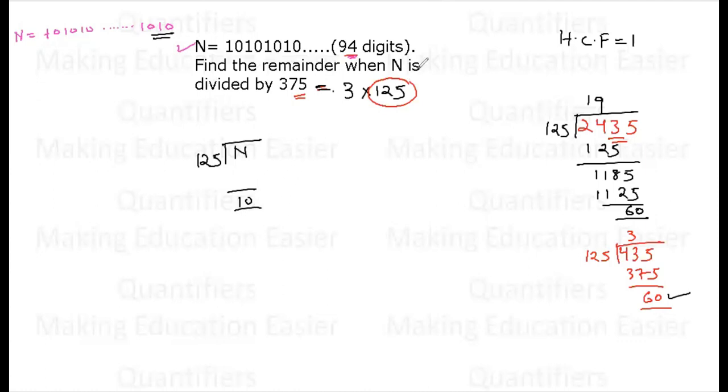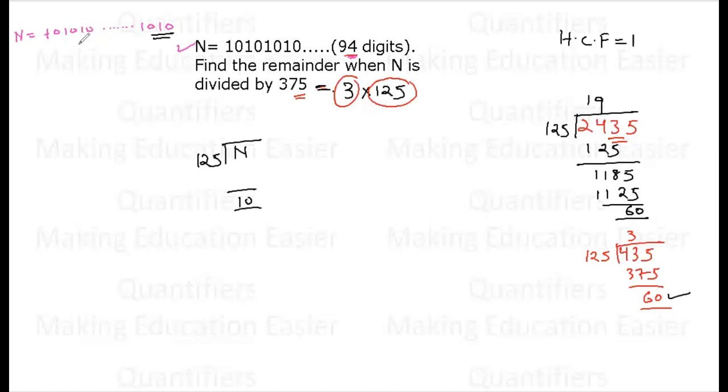Right, students? Similarly, now let us find the remainder when this number is divided by 3. Just as we found the remainder with 125, similarly we will find the remainder by 3. Now I hope all of you are aware of the divisibility rule of 3. The divisibility rule of 3 is the sum of digits, which should be divisible by 3.